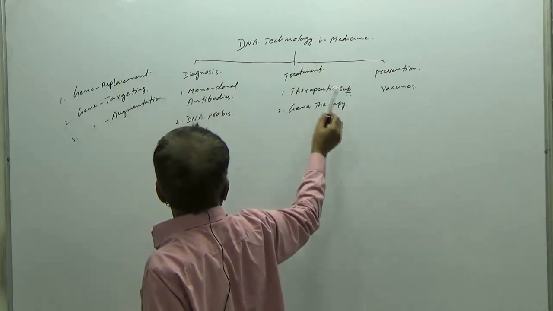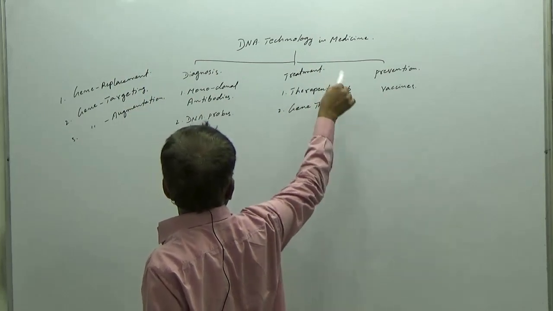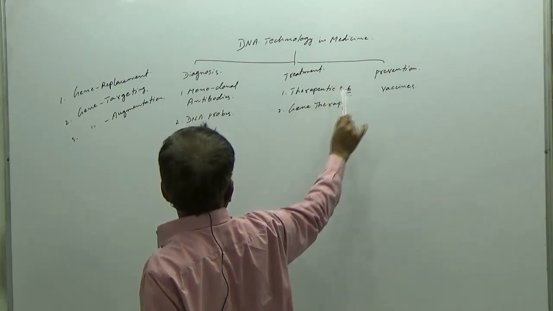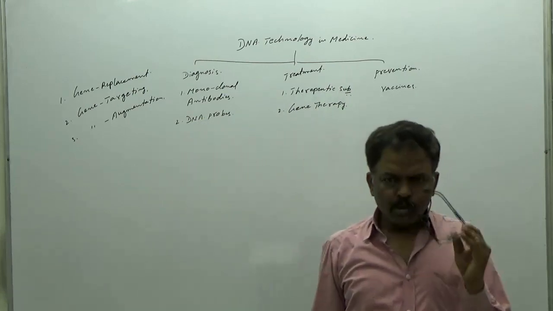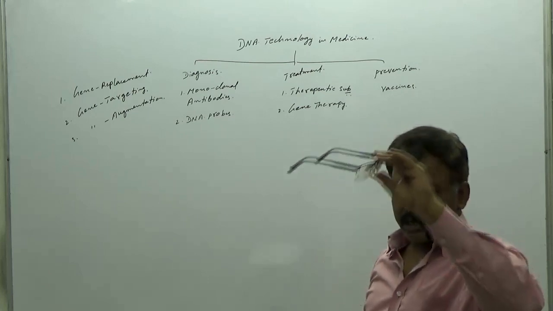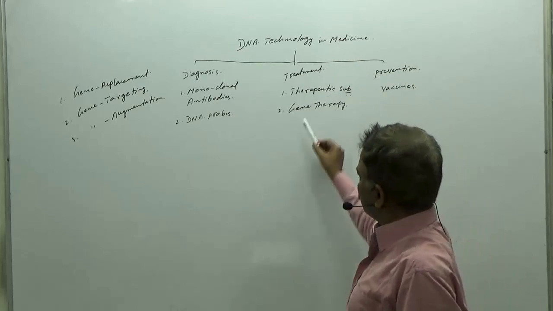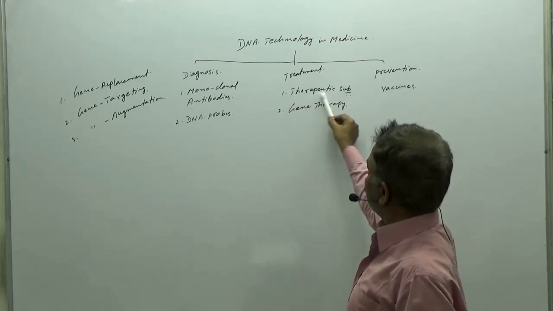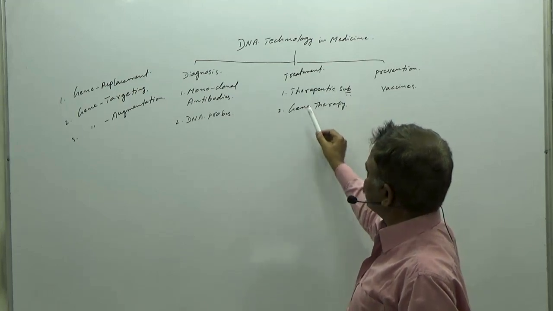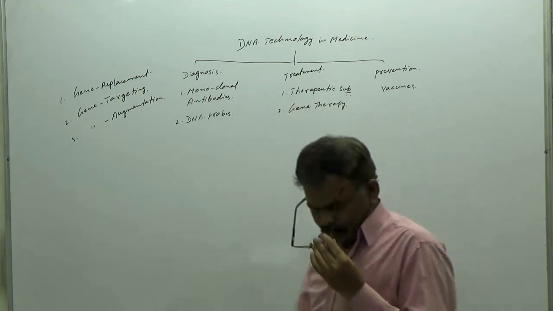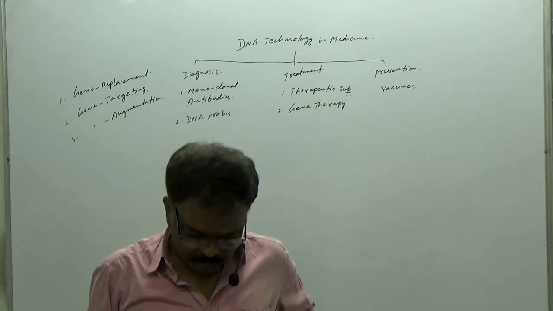That means using gene as a drug to cure the disease is known as gene therapy. Gene therapy means using gene itself as a drug to control a particular genetic disease.